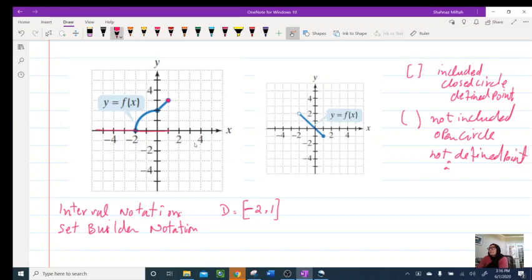Now, by the way, you can also say closed circle, or you can say less than or equal, greater than or equal. And this one is open circle, which means less than. Okay, these are all the things that you need to know. So for domain, since it was closed circle, I made brackets.